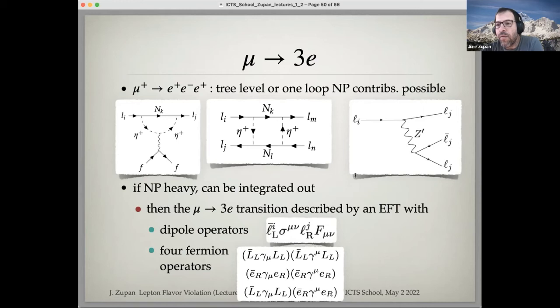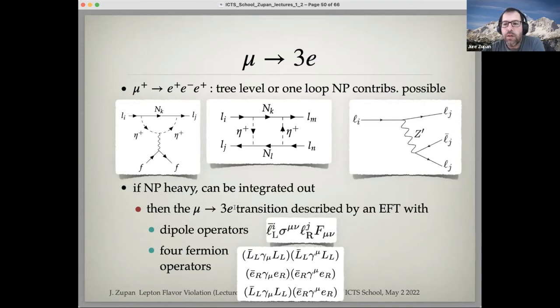So one way of taking all this into account is by saying, okay, if these new states are heavy, we can integrate them out and write an effective description, an effective field theory description, so standard model EFT. There will be two types of operators that will describe this transition.